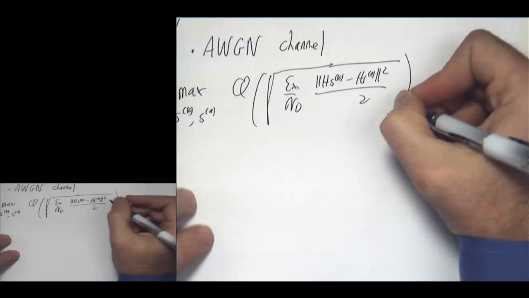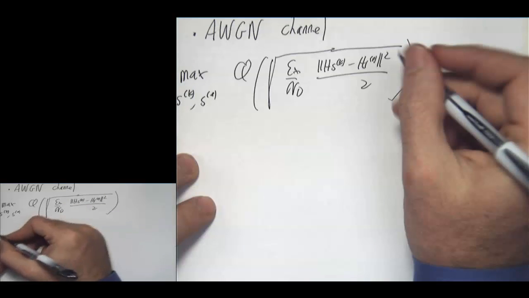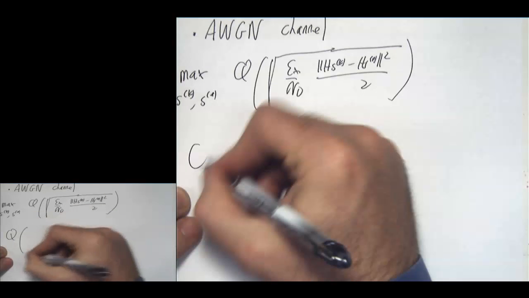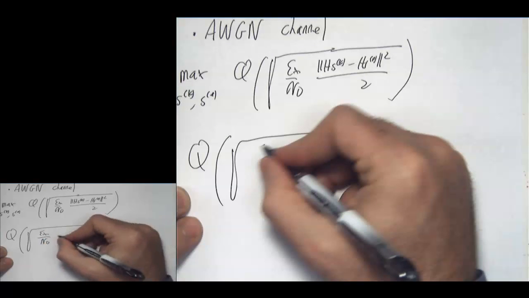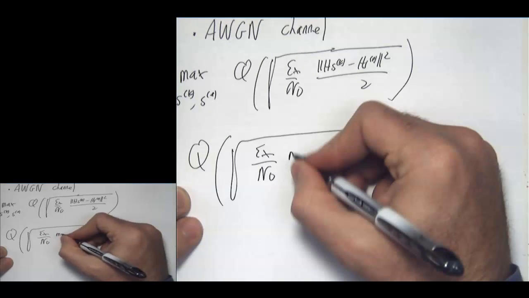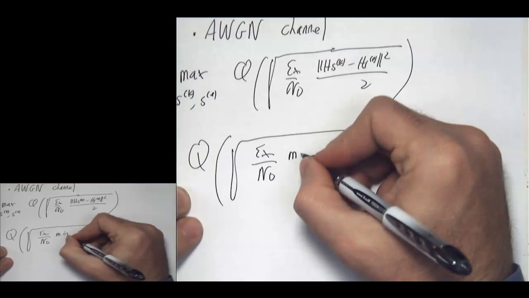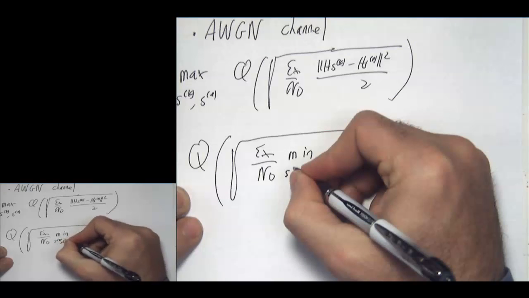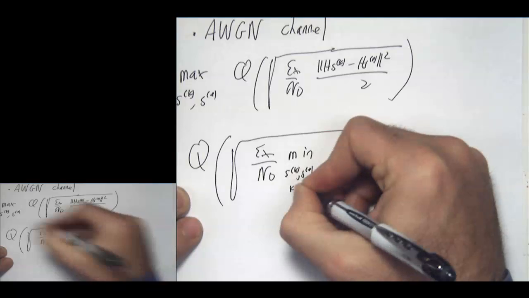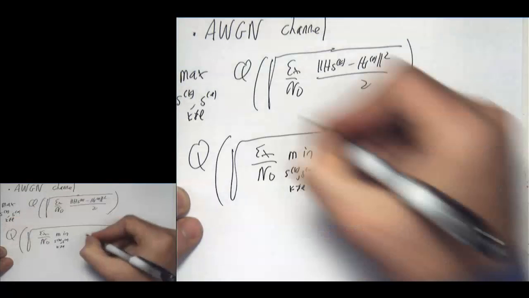Maximizing the Q function is equivalent to maximizing the argument of the Q function. Sorry, that's equivalent to minimizing the argument of the Q function. Min over s of k, s of L, k not equal to L.